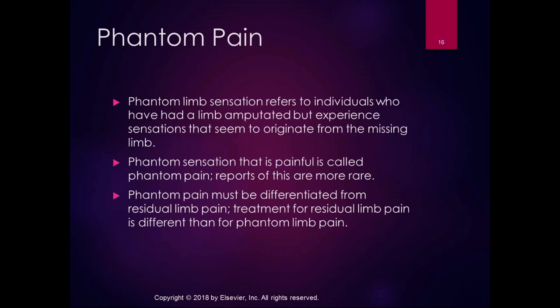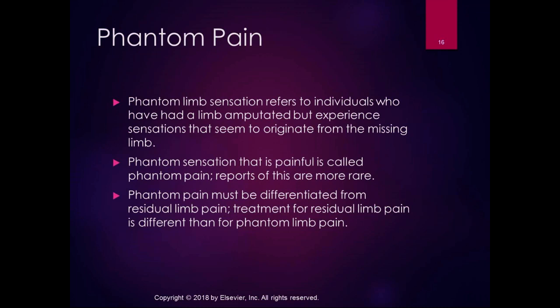A phantom sensation that is painful is called phantom pain. Phantom limb sensation is pretty common to individuals with an amputation. Phantom pain is a little more rare than phantom limb sensation. You can also have pain in the residual limb, which is not phantom pain, and it's treated differently.